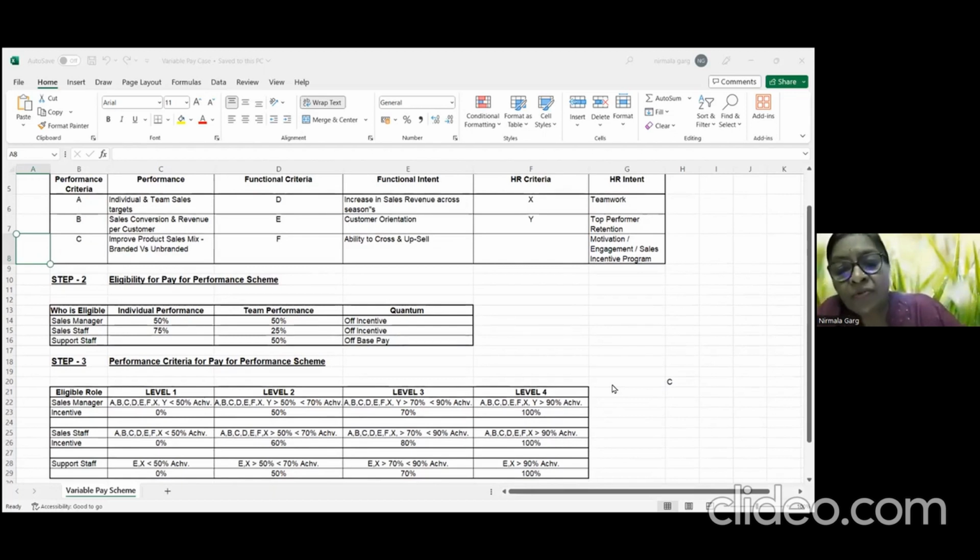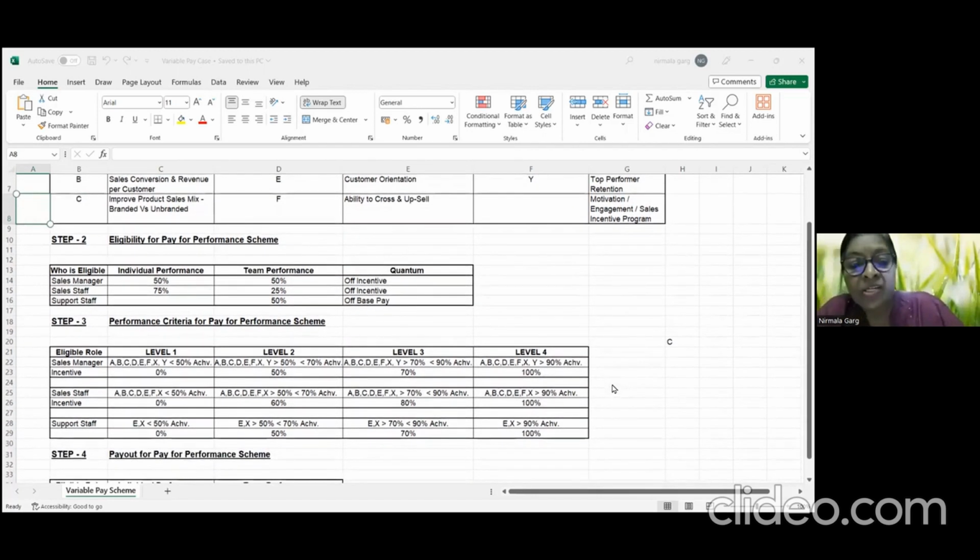Don't get into quantum, just write individual performance and team performance. Got it? Is that 50% of the base salary, or is it 30% of the base salary? So decide what amount you want to fix as variable pay.